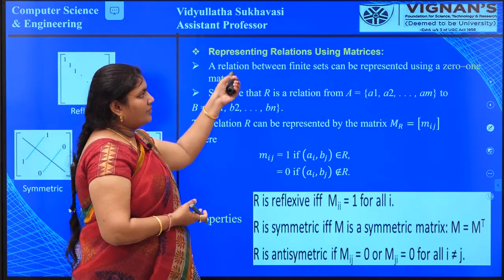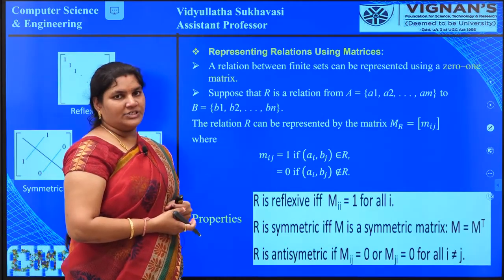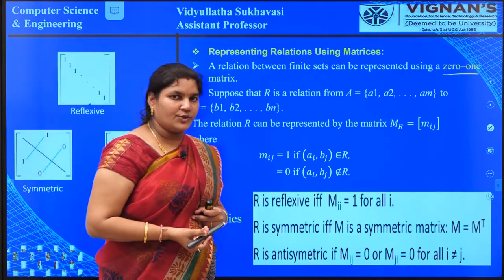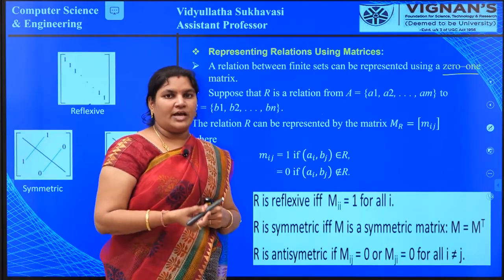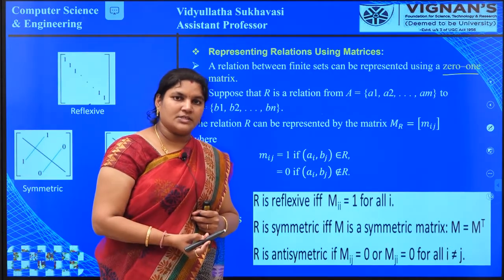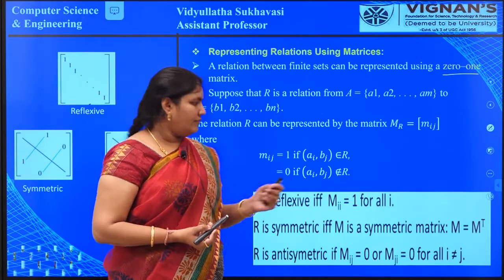So this matrix representation we will call a 0-1 matrix. Why are we saying 0-1 matrix? Since we are representing the matrix with zeros and ones. So when we will represent 0 and when we will represent 1, we will see now.